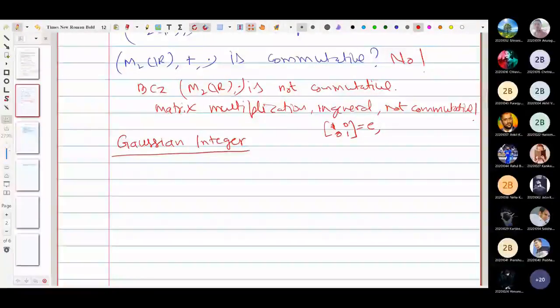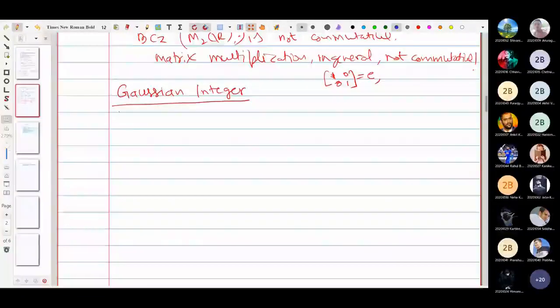Okay, so let us see Gaussian integers. This also we have seen in group theory. One more thing, for the sake of clarification: sometimes you people write Z like this for the set of integers. This is wrong. If you are using Z as a variable, you can write it like this.